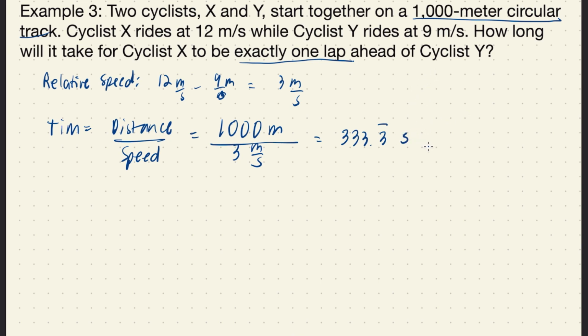And in minutes, when you divide it by 60, that is 5 minutes 33.3 seconds.